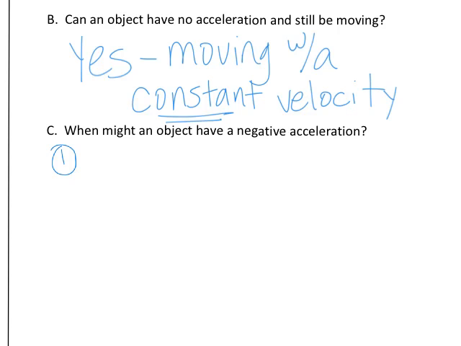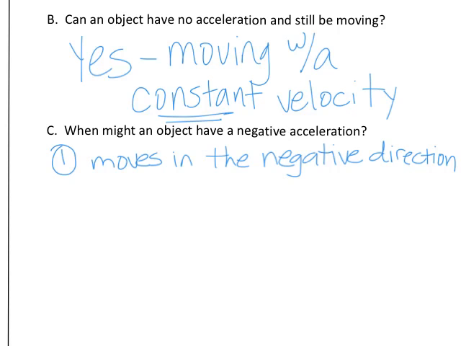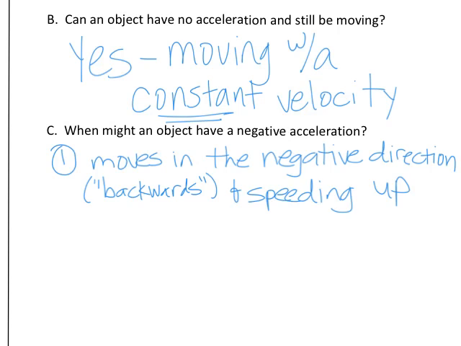So if we have an object that's moving in the negative direction, sometimes we call that moving backwards, and the object is also speeding up, then that would be an indicator of a negative acceleration. So they're still accelerating, they're speeding up, but in that negative or backwards direction. Our other option would be to talk about the object moving in the positive direction. So let's discuss that.